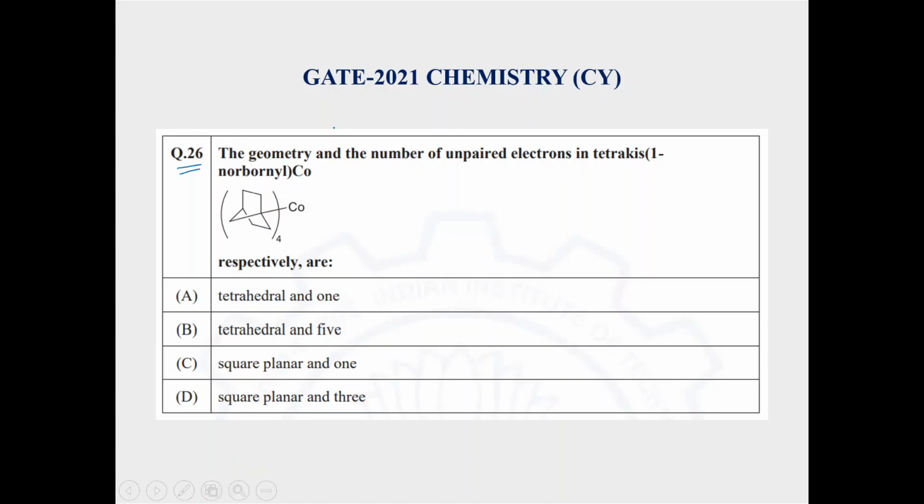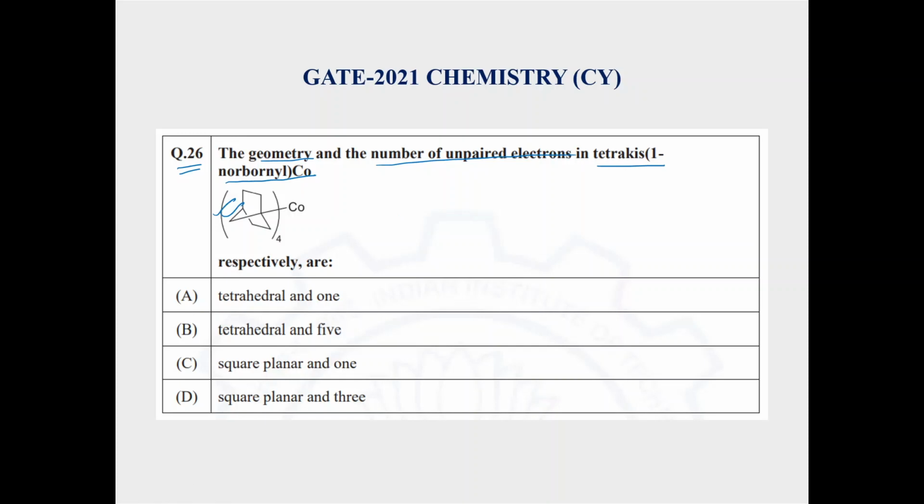This also came in the GATE 2021 chemistry paper. Here the question is the geometry and the number of unpaired electrons in the tetrakis(1-norbornyl)cobalt complex. This is the complex. What we are asked is what is the geometry of this complex and the total number of unpaired electrons.